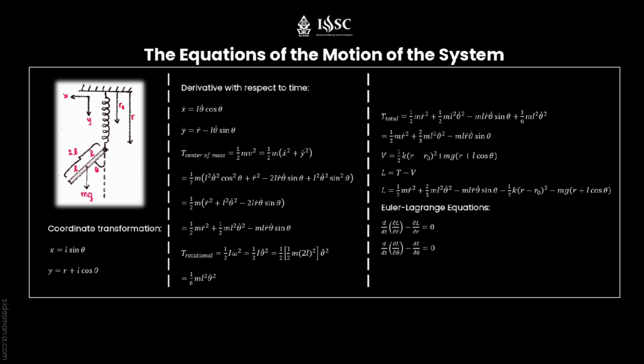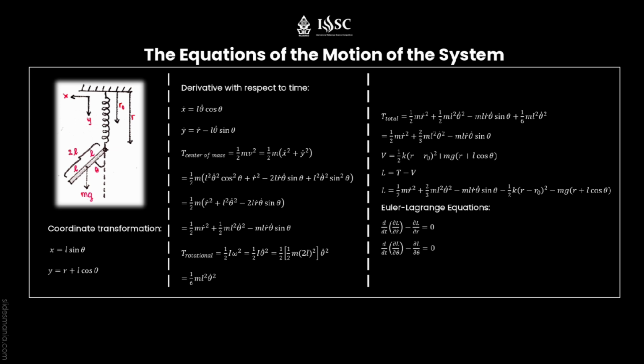So the total equals 1/2 m r dot squared plus 2/3 ml squared theta dot squared minus ml r dot theta dot sin theta. And for the potential of the system, V equals 1/2 k times (r minus r0) squared plus mg times (r plus L cos theta).